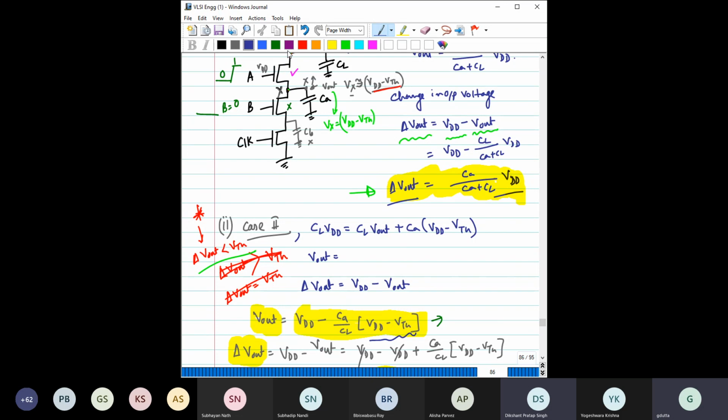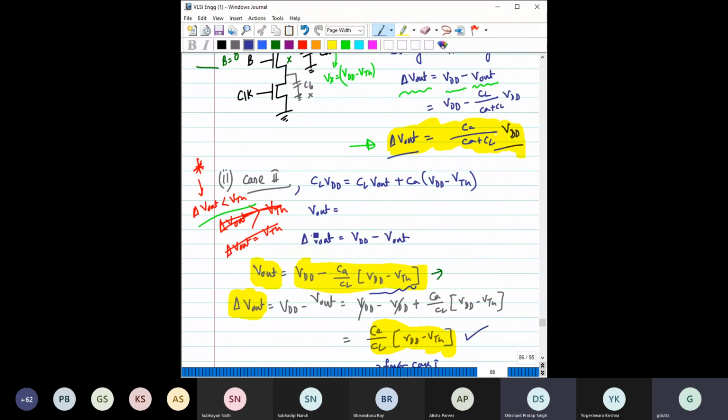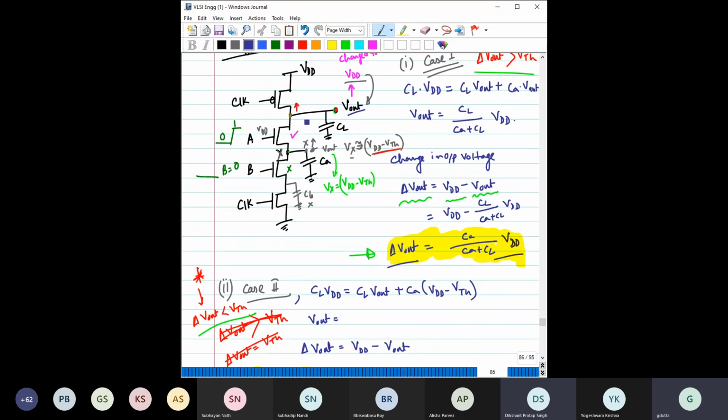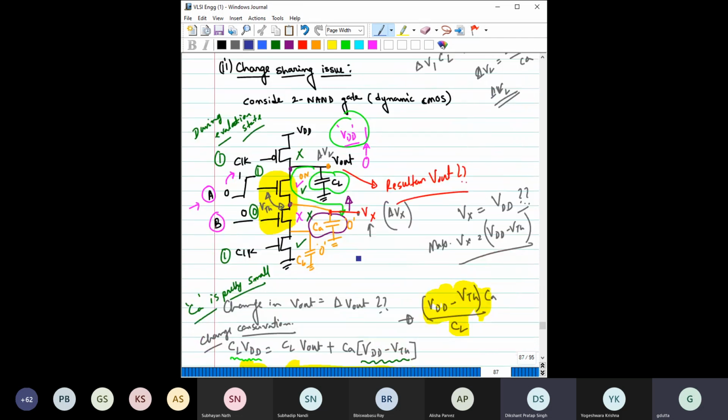Otherwise, if the CA by CL ratio is higher, there will be a distribution. This transistor will not be turned off, and the final voltage across this and the final voltage across this Vx would be the same. Right, okay.